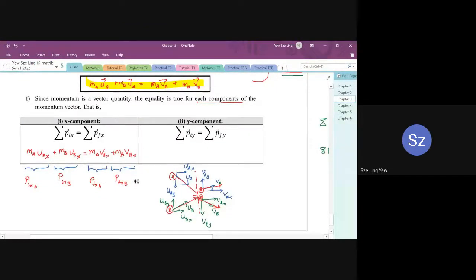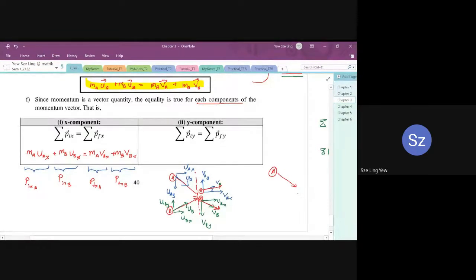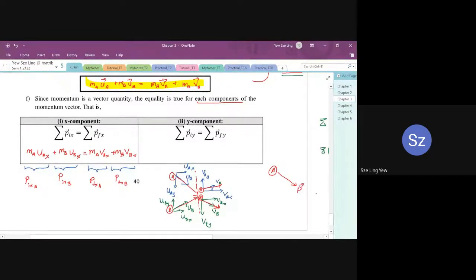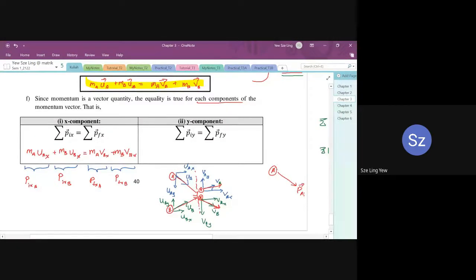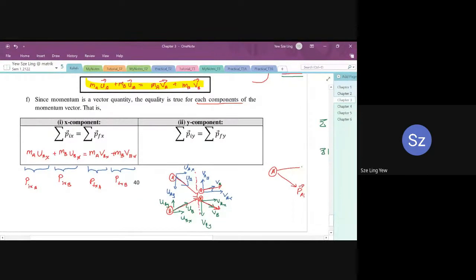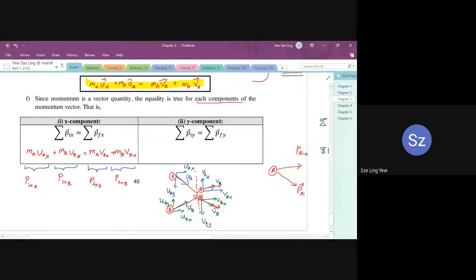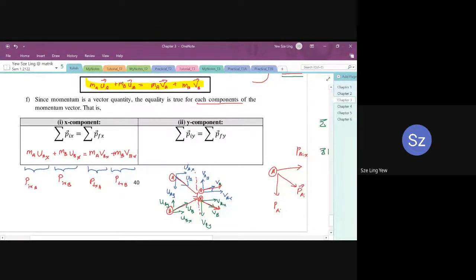Just now we have a momentum. Let me take object A. Object A initially is moving in this direction, so in my diagram I put UA in this direction. The momentum is also along this direction, so this is your PA initial. When you resolve it, this would be your PA initial along the X component, and PA initial along the Y component.